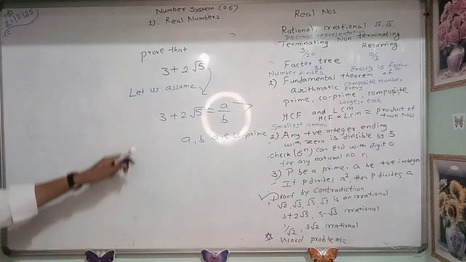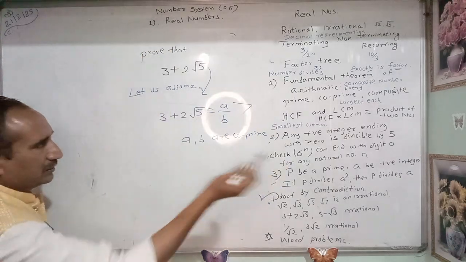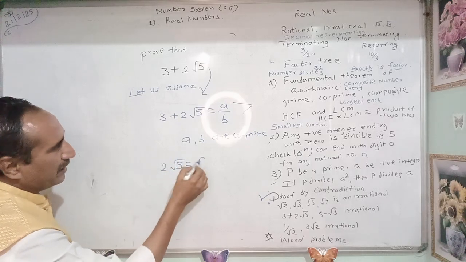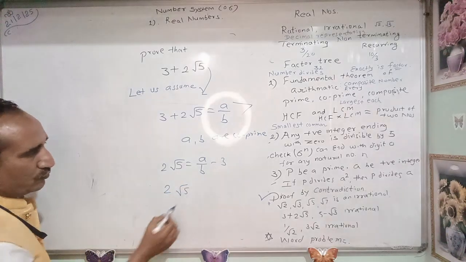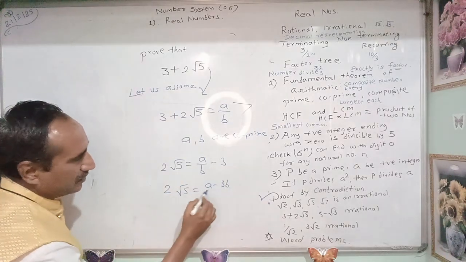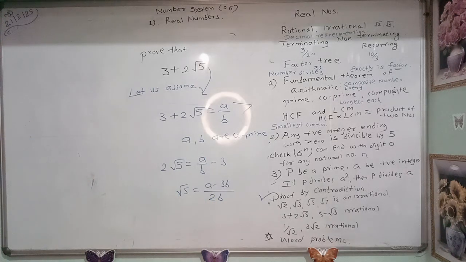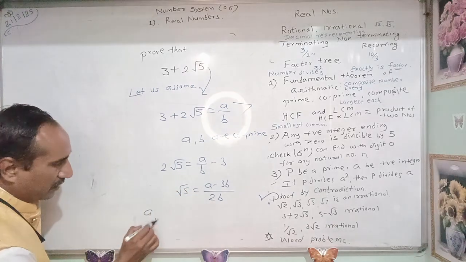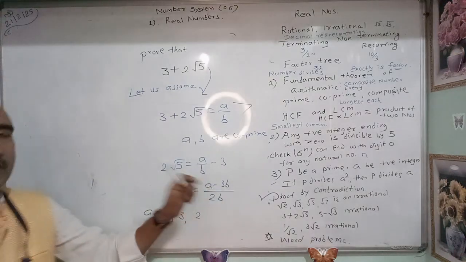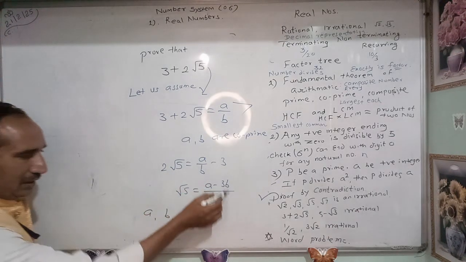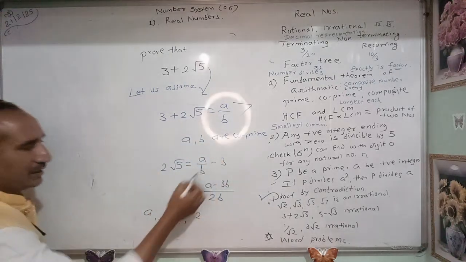Now this time we will not prove in detail. This plus 3 on the right hand side becomes minus 3. If we take the LCM, then root 5 equals a minus 3b upon 2b. Now pay attention here. a, b, 3, 2, these are integers, and this is in rational form.